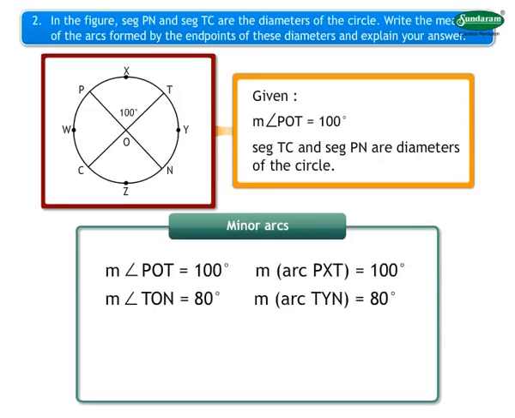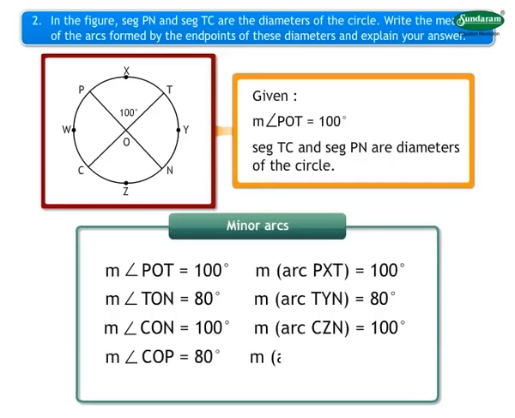Similarly, the corresponding angle of arc CZN is angle CON. Since the measure of angle CON is 100 degree, the measure of arc CZN will also be 100 degree. The corresponding angle of arc PWC is angle COP.